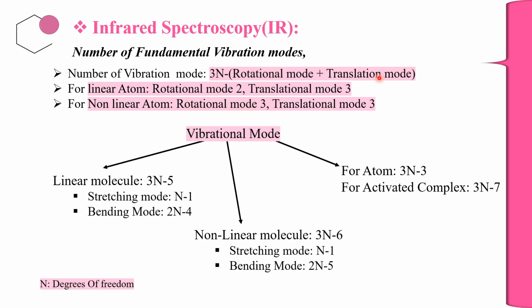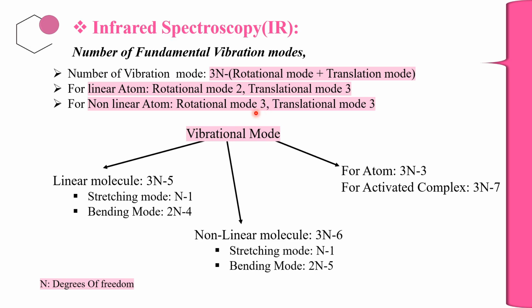And how do we calculate the rotational and translational modes? If your molecule is linear, then the rotational mode is 2 and the translational mode is 3. For a non-linear molecule, the rotational mode is 3 and the translational mode is also 3. For a linear molecule, rotation can be observed between the x and y axes only; the z axis doesn't interact.